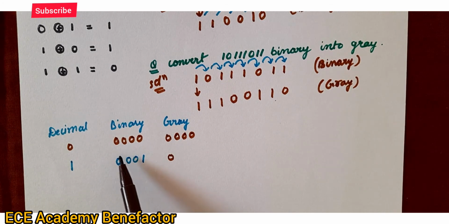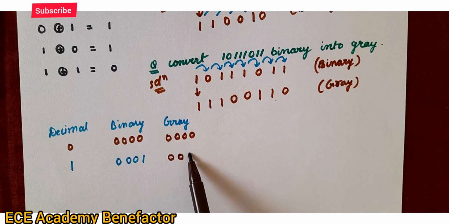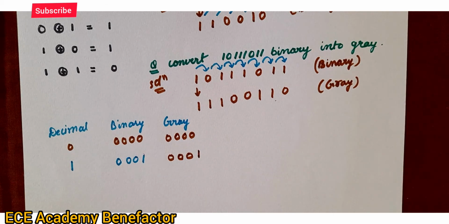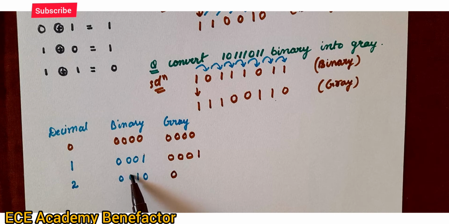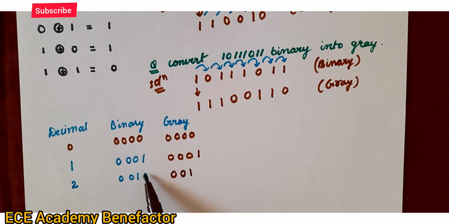Then sequential XOR addition gives 0 0 0 1. Okay. Now, for decimal 2, binary is 0 0 1 0. Do the Gray conversion, write the MSB bit as it is 0, 0 XOR 0 is 0, 0 XOR 1 is 1, 1 XOR 0 is 1.